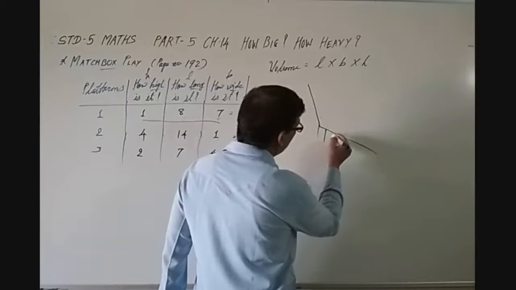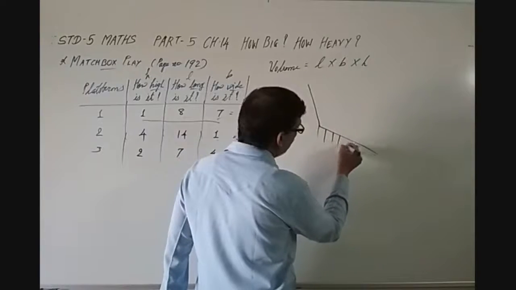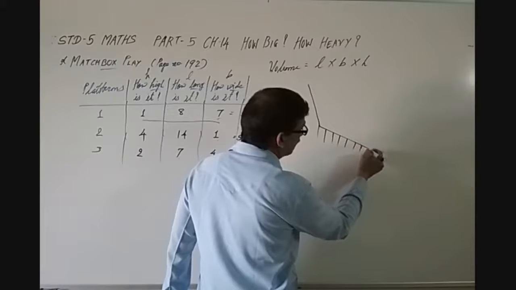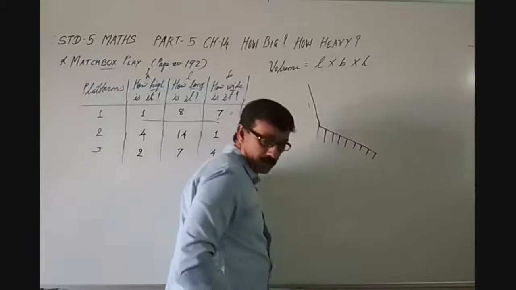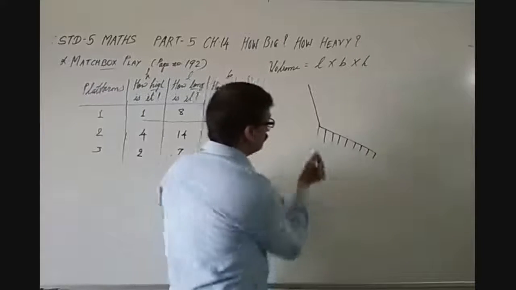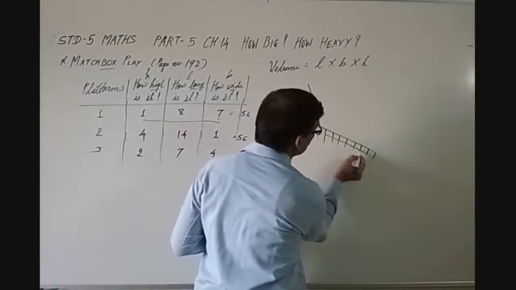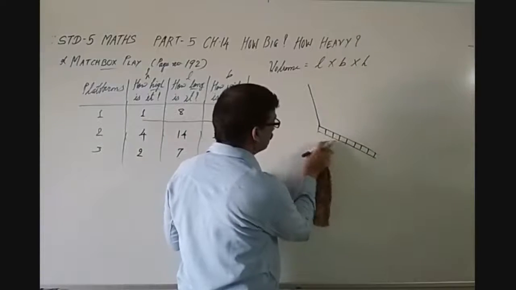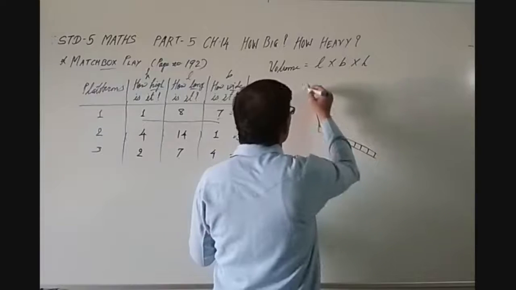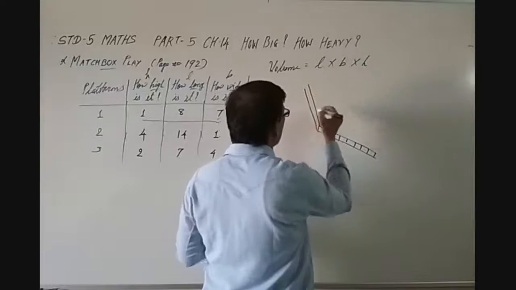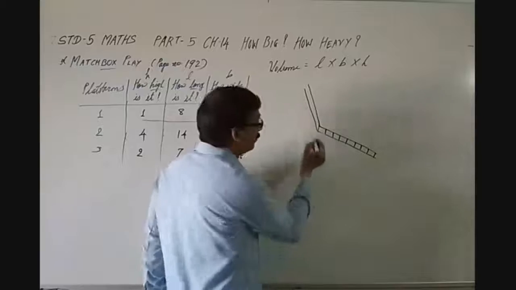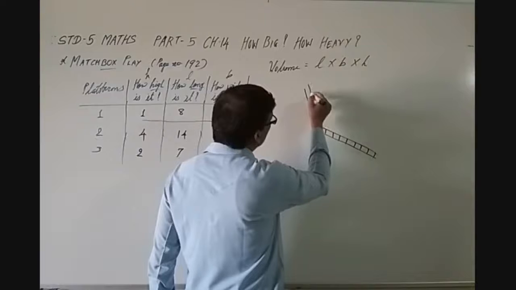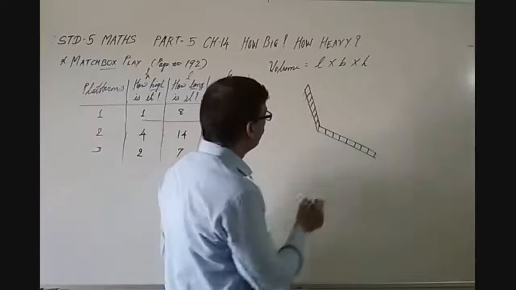So 1, 2, 3, 4, 5, 6, 7 and 8. And widthwise we want 7. So 1, 2, 3, 4, 5, 6 and 7, isn't it?